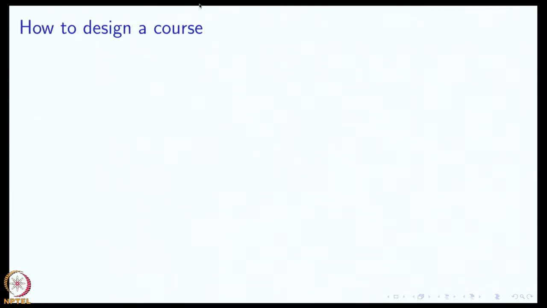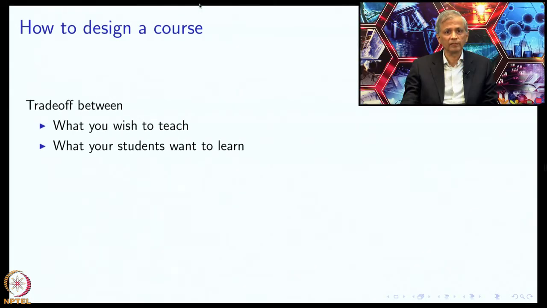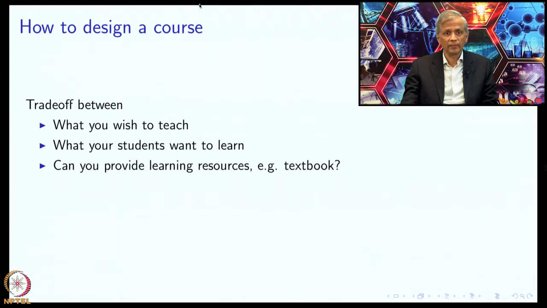Now let us consider abstractly how you would design a course. First of all, we should remember that designing a course is a trade-off between what you wish to teach and what your students want to, or perhaps I should have even said can learn. It also depends on whether you can provide good learning resources.